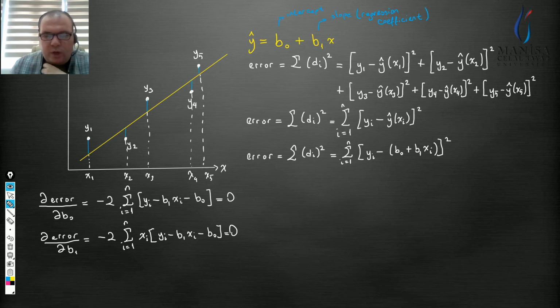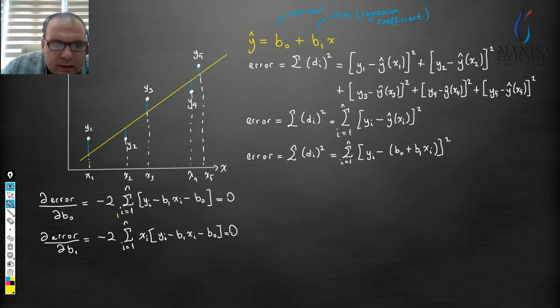We have these two equations now, and on the left side of the equation we have this minus 2 times this sum term equals 0. So we can easily say this part equals 0, right? Because if we multiply this term with minus 2, we still have this equation equal to 0.